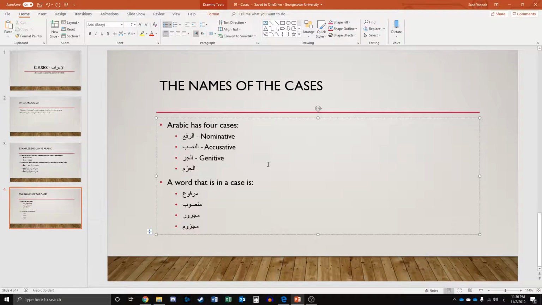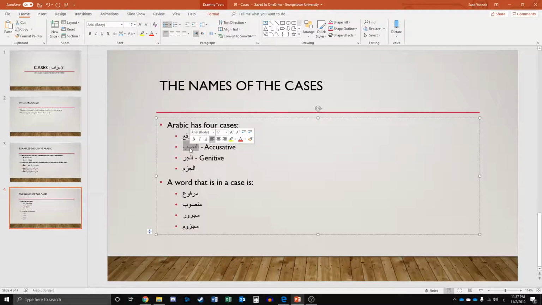So a word that is in the rafa' case is marfu'. Marfu' technically means been made rafa', but it's in the rafa' case.